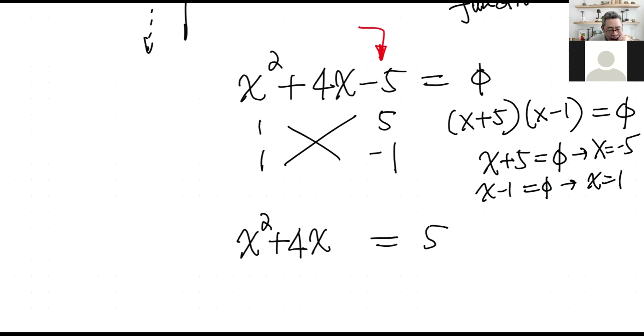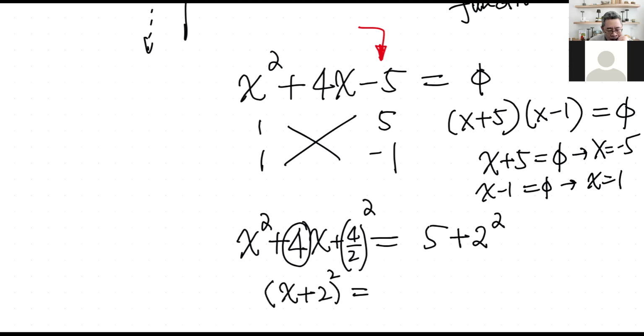And then we add something which is half of this number, 4/2, and square. 4/2 is just 2, so it's 2 squared. Then on this side it becomes (x plus 2) squared equals 9. Then we square root on both sides, so x plus 2 is equal to plus minus the square root of 9, and that gives us plus minus 3.